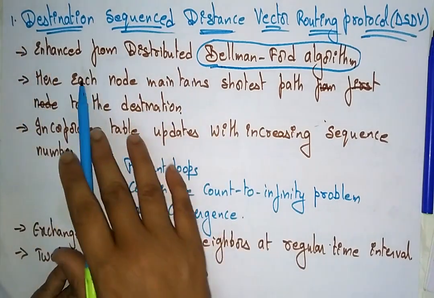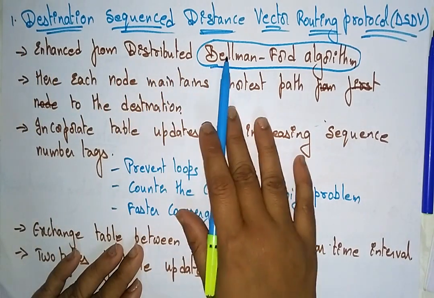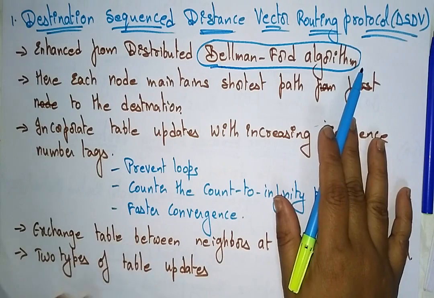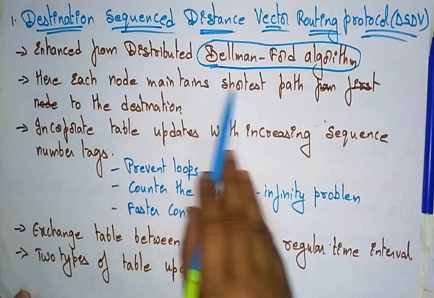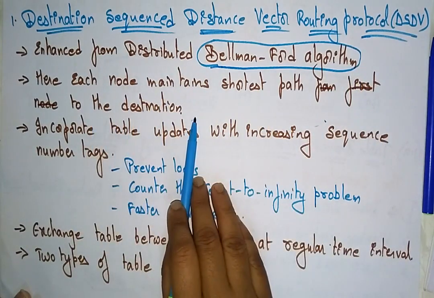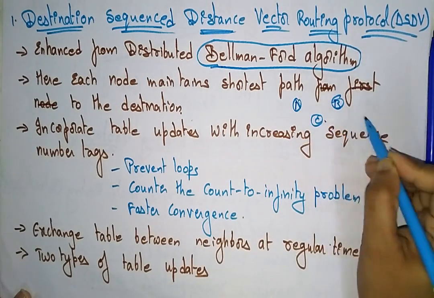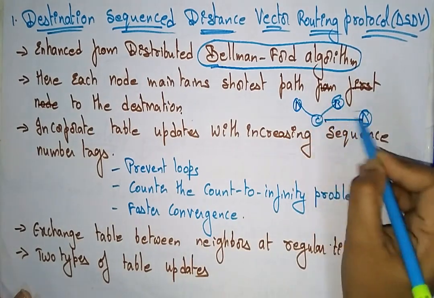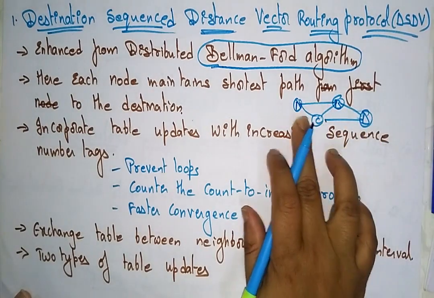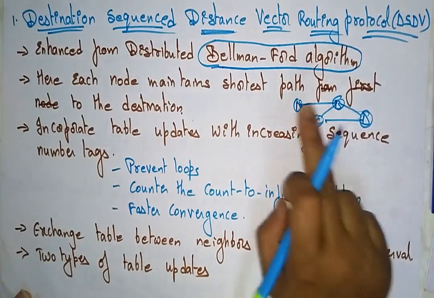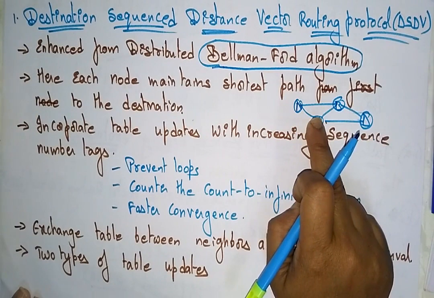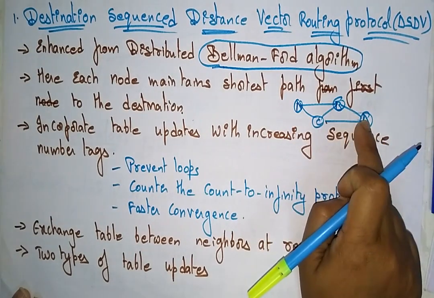Actually, this DSDV is enhanced from the distributed Bellman-Ford algorithm. Here, each node maintains the shortest path to the destination. Whatever nodes are participating in the communication, each node maintains the shortest path to reach the destination.